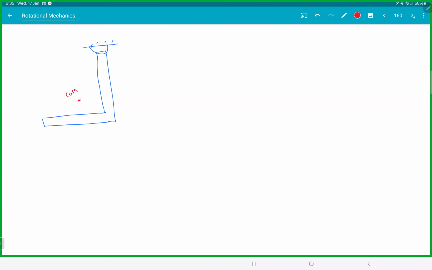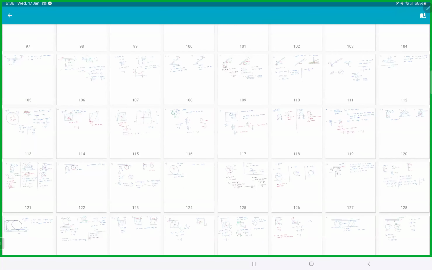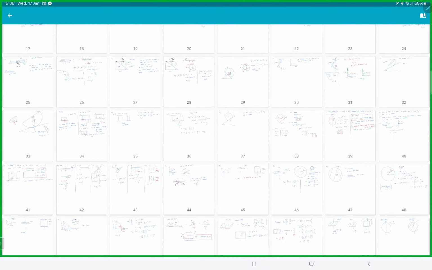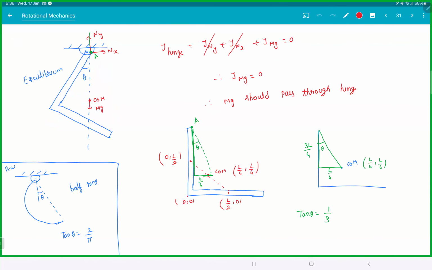I hope you remember we have calculated this before. This is L by 4, this is 3L by 4. Remember where we did this? We did this in the rotational equilibrium problem, if you remember. So center of mass was at 3L by 4 and L by 4.